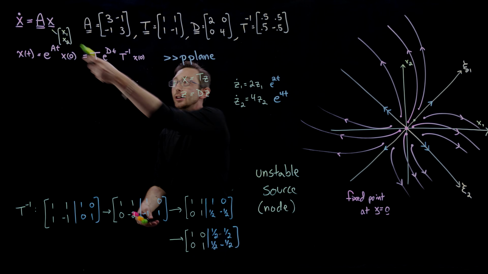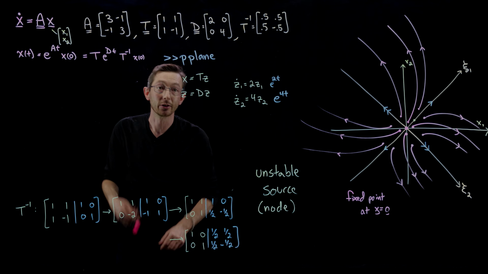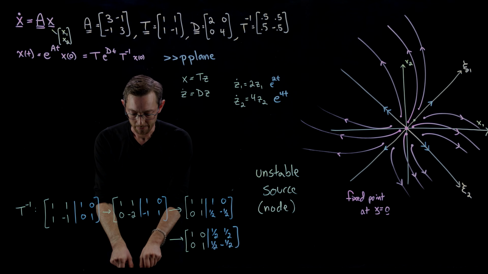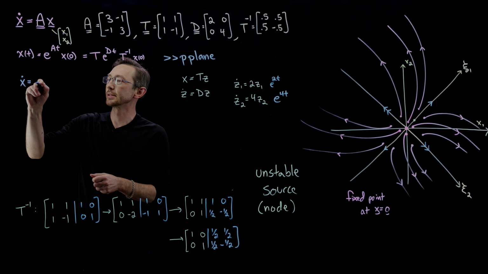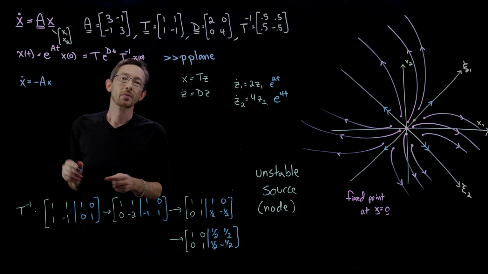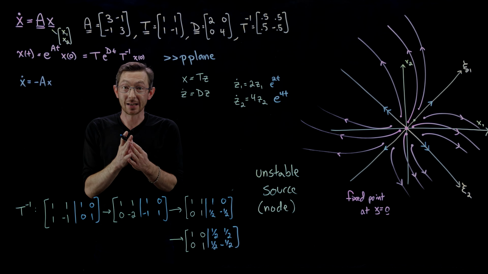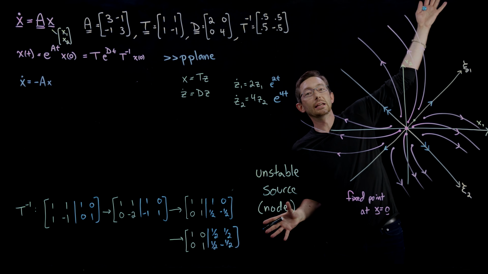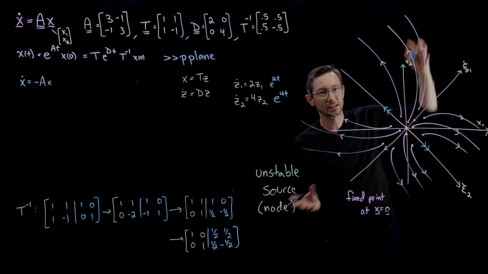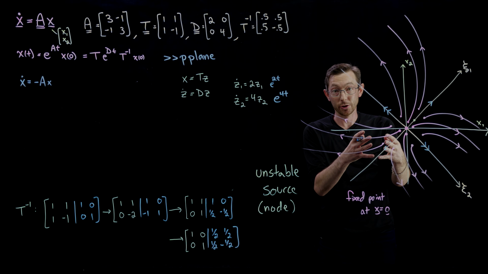If I just change the direction of time here, this is actually a good exercise. If I literally just said x dot equals minus Ax, that's just going to change the direction of time. It's almost like saying time reverses, and instead of everything fleeing from the origin, everything is going to be attracted to the origin.